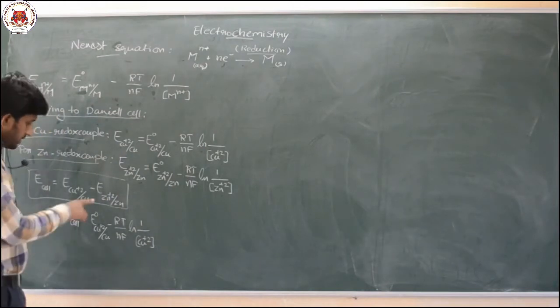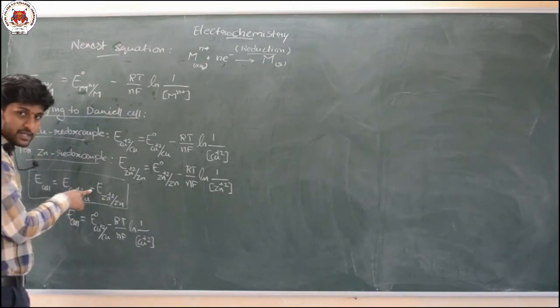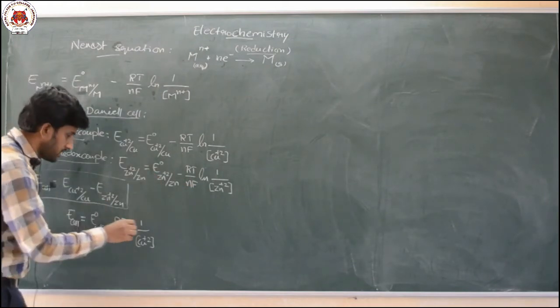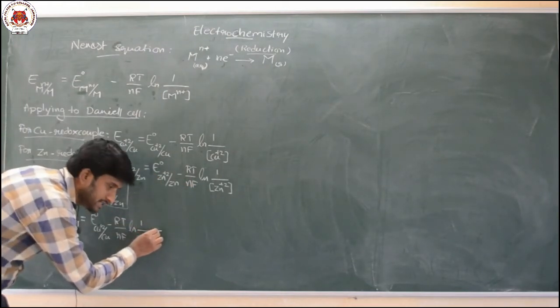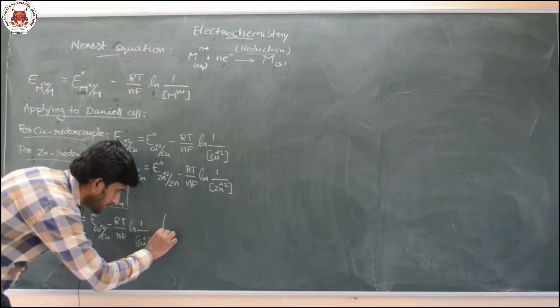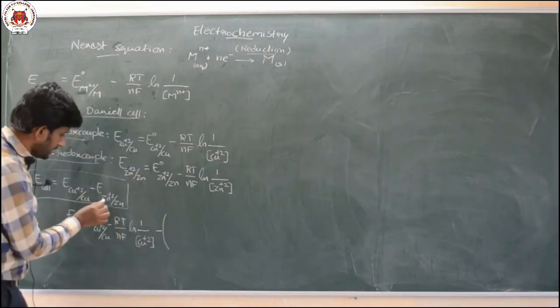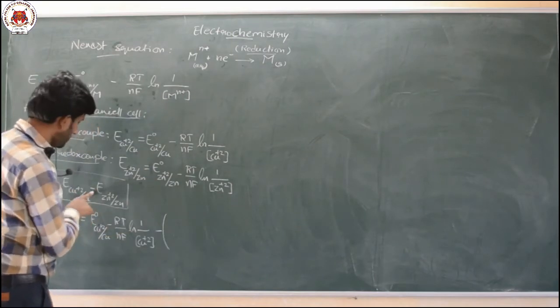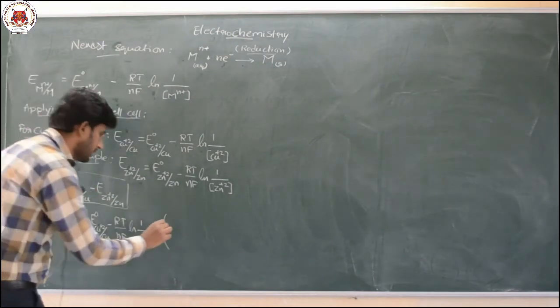Next, which sign is there here? Negative sign. This negative sign applies to the total equation. So I am writing minus one big bracket, because the Zn^2+/Zn term you should include in total: minus of E naught Zn^2+/Zn minus RT by nF ln 1 by Zn^2+ concentration.